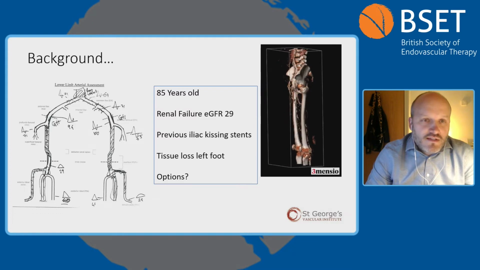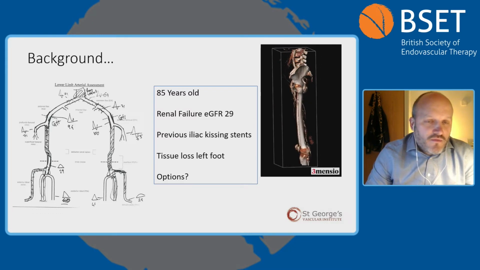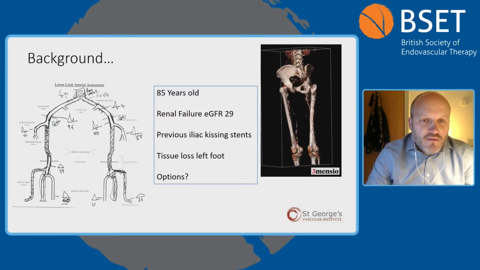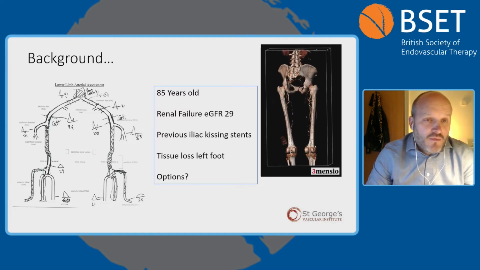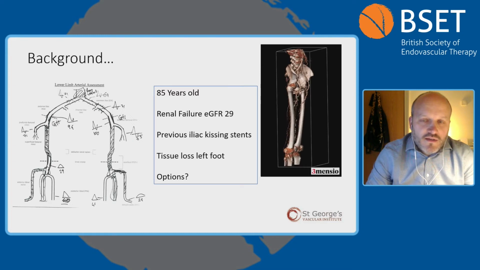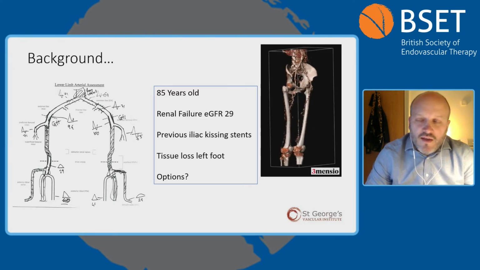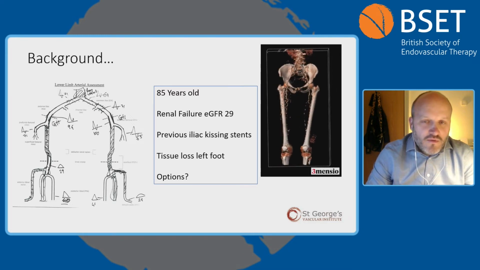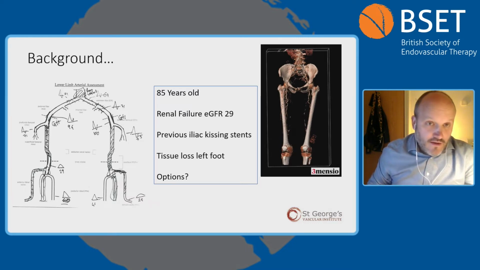You're obviously going to need to snare your wire, probably in the common femoral, and you're still going to need to come up and over really, or come down from the arm, which we've done a few cases of. But coming from the arm you need very long wires and catheters, and we don't have that equipment. We've got a lot of equipment on our shelves, which we're very lucky, but we don't necessarily have stuff to come from the arm.